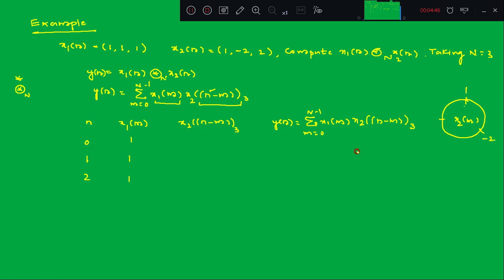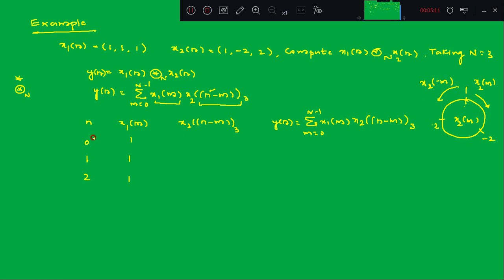You have to go in the clockwise direction, and here it is 2. If I count the values in the clockwise direction, this will be my x2 of m. If I count the values in the anti-clockwise direction, it will be x2 of minus m.